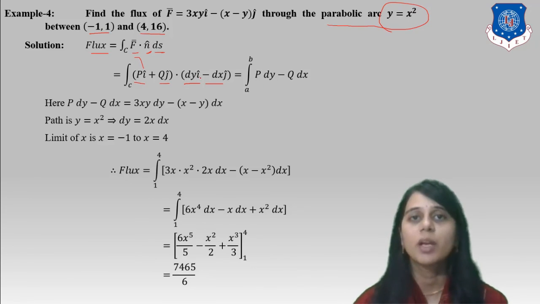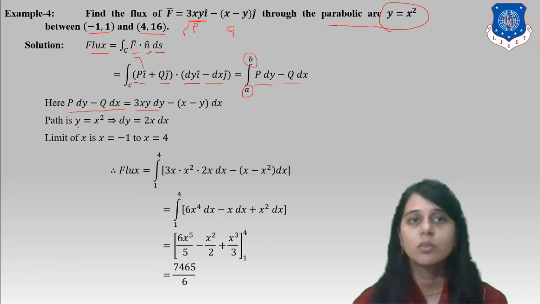So multiply this bracket, we get integration a to b p dy minus q dx. Here p is 3xy and q is xy. 3xy dy minus xy dx.